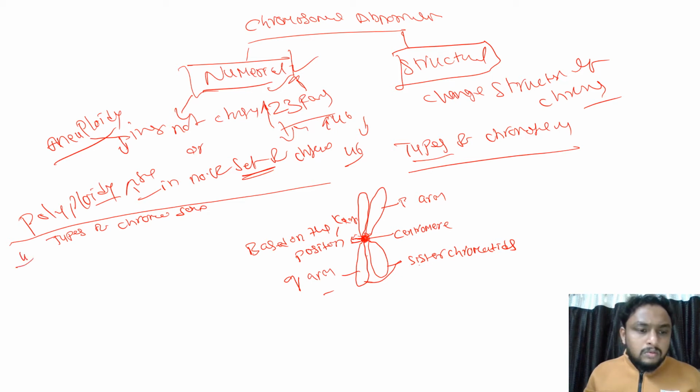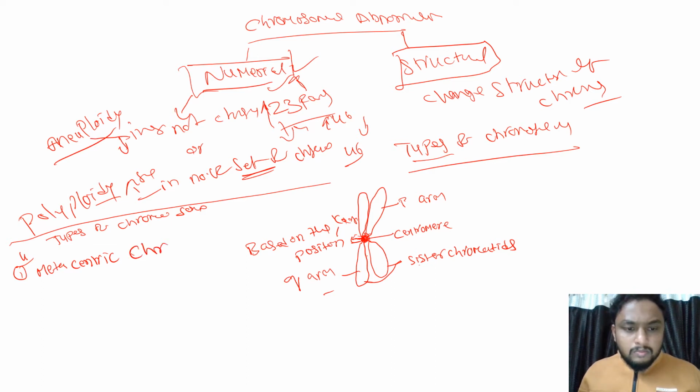Four. First one, metacentric chromosome. It means the centromere is exactly in the center, and the upper arm and lower arm are equal in length. It means metacentric.